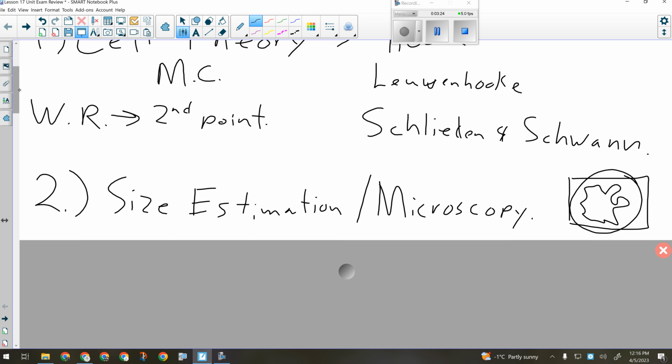All right? So if we were looking at this and we were saying that it was on high power that has a field of view of 400 micrometers, what would be a reasonable size estimation for that object?